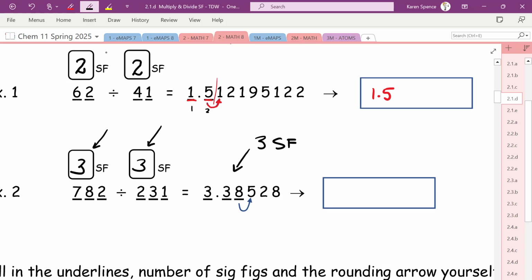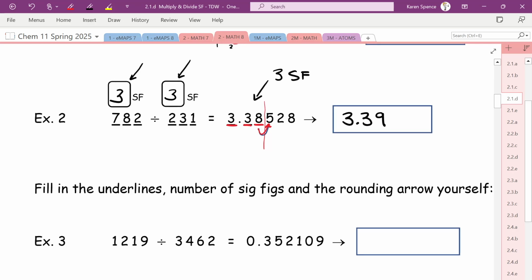Up here, we started with 2 and we had another 2, and so we wanted 2 sig figs in our answer. So we go 1, 2, 3. That's 3 digits. We're going to cut off there. We look to the right. That's a 5, so in this case, it's going to round up. And we will get 3.39. Okay.